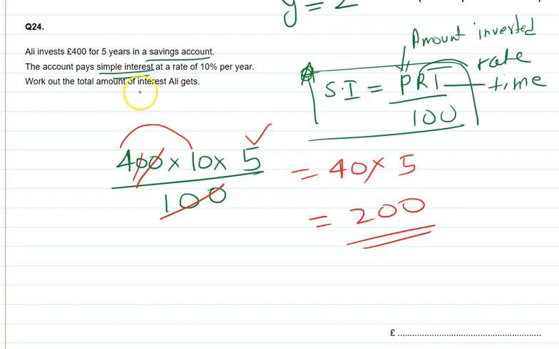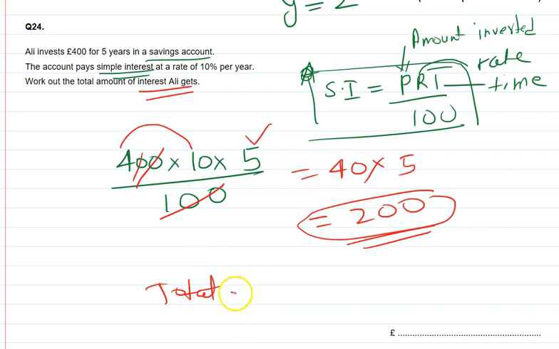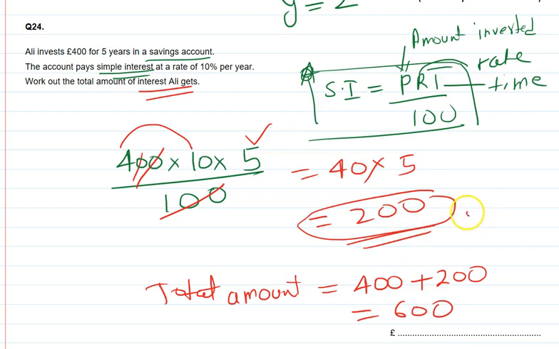Work out the total amount of the interest Ali gets. So Ali is getting 200 pounds as interest. And what will be the total amount at the end of 5 years? So the total amount will be, he is getting 400, it's his own amount, and 200 as interest. So total 600. So total interest is 200 and total amount is 600 pounds.